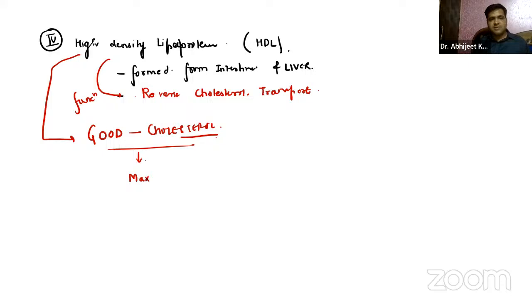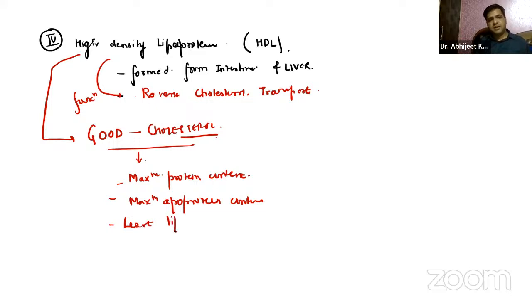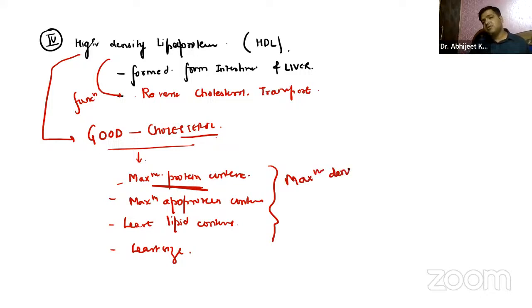You should remember that it has the maximum protein content, maximum apoprotein, the least lipid content and the least size. Whenever there is maximum protein, it directly corresponds to the maximum density. That is something you have to remember over here.